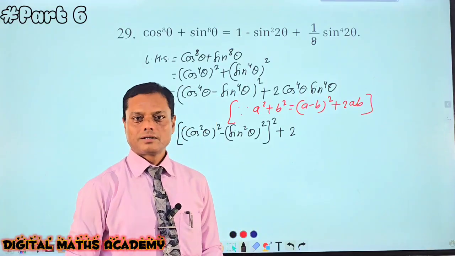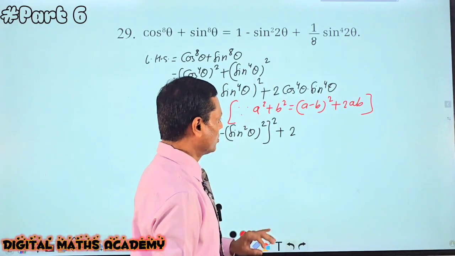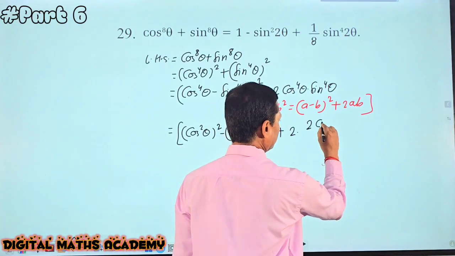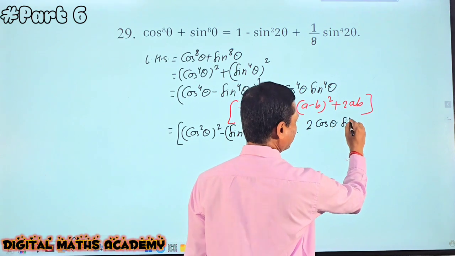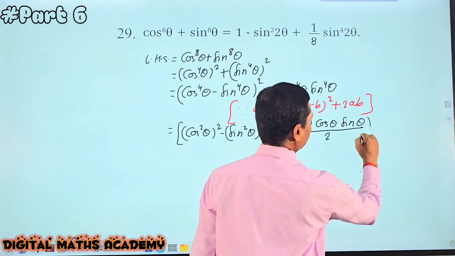Remember one formula, 2 sin a dot cos a means sin 2a, and here is power 4, so we can write (2 cos theta dot sin theta over 2) to the power 4.